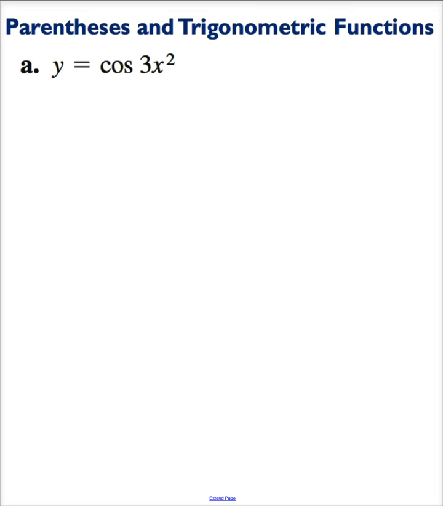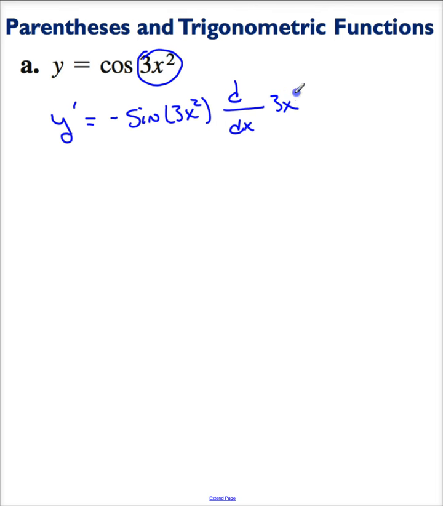Now, as I mentioned before, parentheses will get you in trouble with trig functions. For this function right here, your book assumes that this is the argument. So if I were to take this derivative, cosine is minus the sine, and I leave my argument here, times the derivative with respect to x of 3x squared.